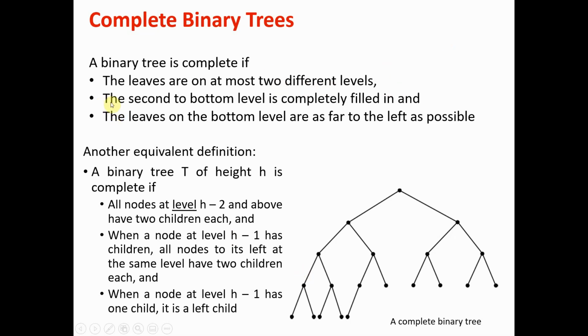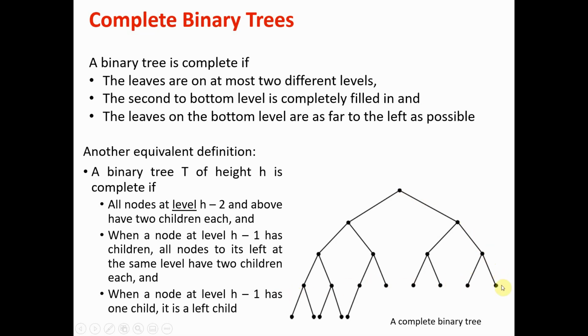The second condition is saying the second to bottom level is completely filled in. Here, the second to the bottom level is this level, so it's level 0, 1, 2, 3. It's level 3.